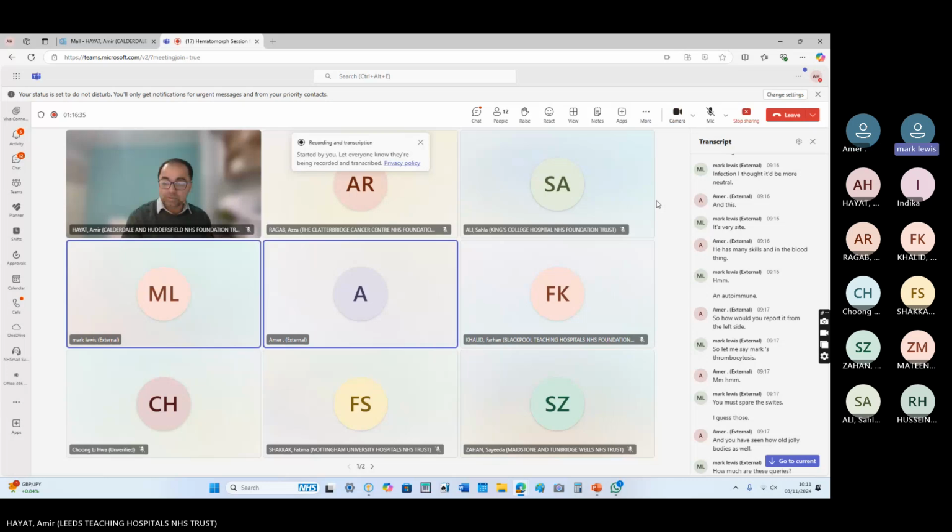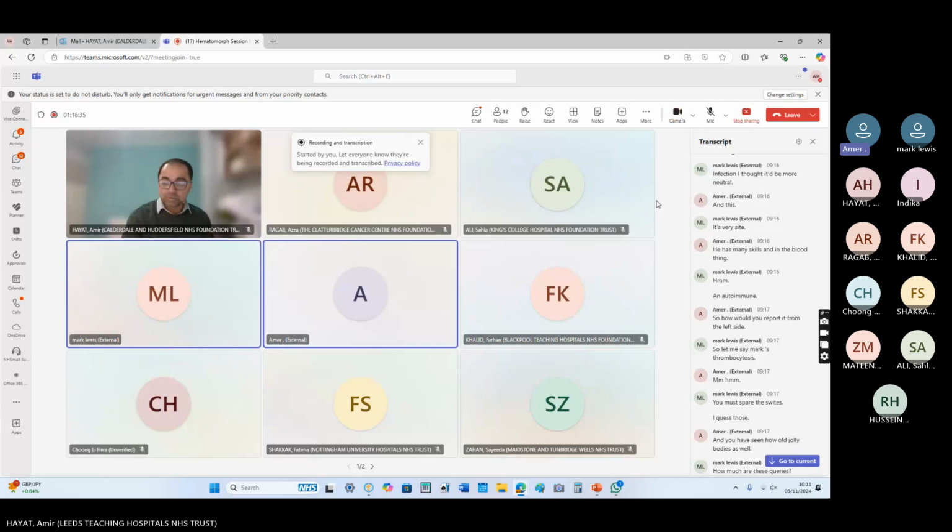Just out of interest, when you do this exam, are you actually sitting by a microscope or are you just showing photographs? Unfortunately, you have to have your microscope in front of you. This is a 3-day exam. The first day is morphology.